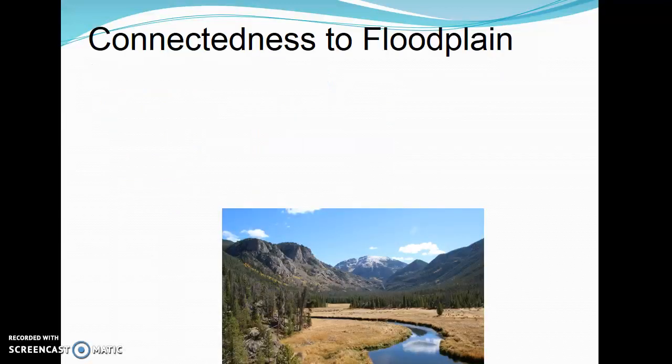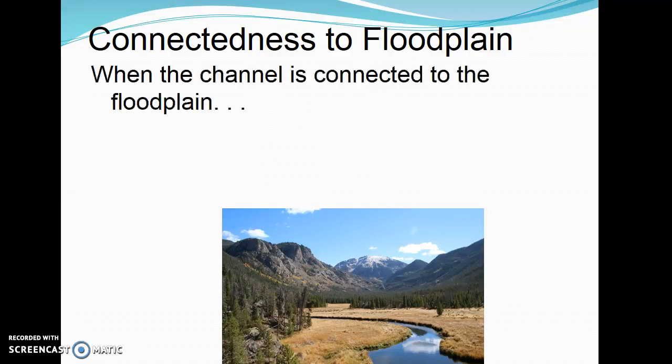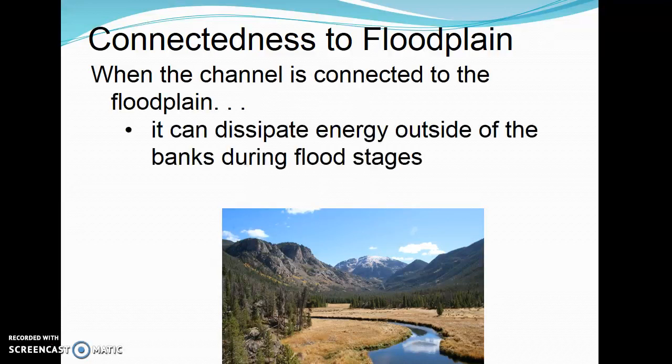And then we look at the connectedness to the floodplain. So when the channel is connected to the floodplain, all that energy that's in the river can dissipate when that water exceeds its banks. Instead of just continuing to rush down, it can dissipate outside of the banks during flood stages. And when a channel dissipates energy, it drops whatever it's carrying.